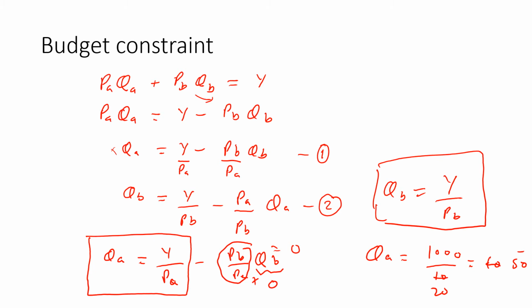We can also have some more intuition from this equation. Now let us talk about the second perspective of the same equation. We write the equation again: PA QA plus PB QB is our total budget and equals Y.